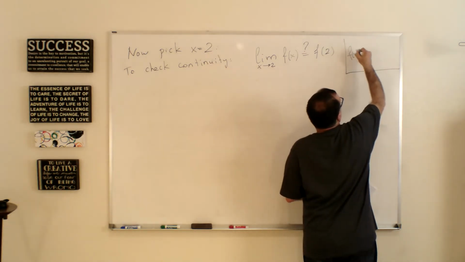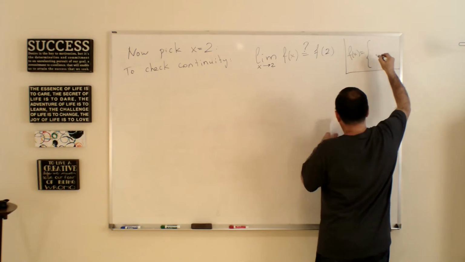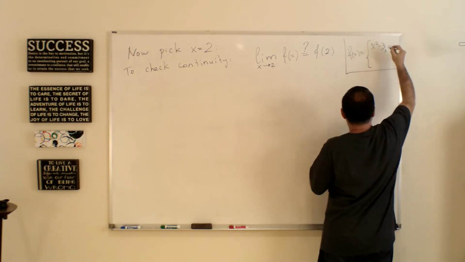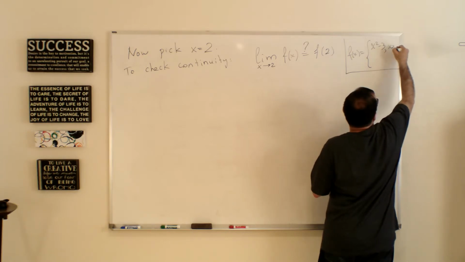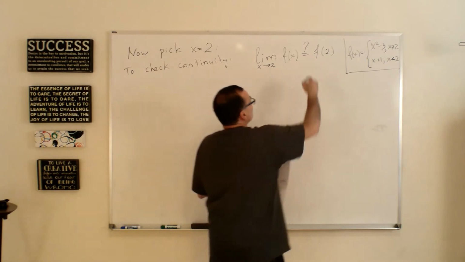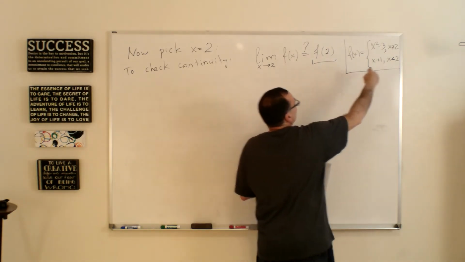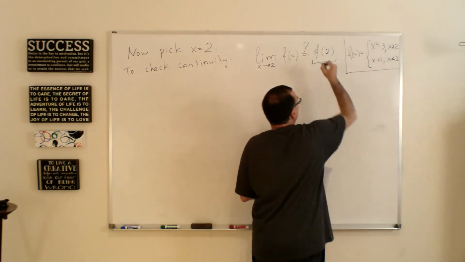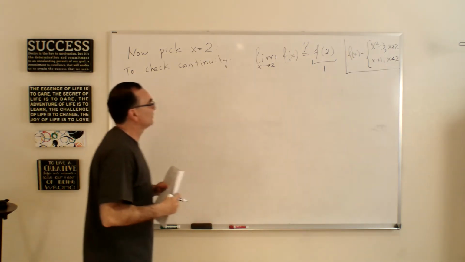So f of x equals x squared minus 3 for x greater or equal to 2, and x plus 1 otherwise. So once again, f of 2 is easy to calculate because 2 belongs here. We plug into 2 squared minus 3 is 1, so f of 2 equals 1.